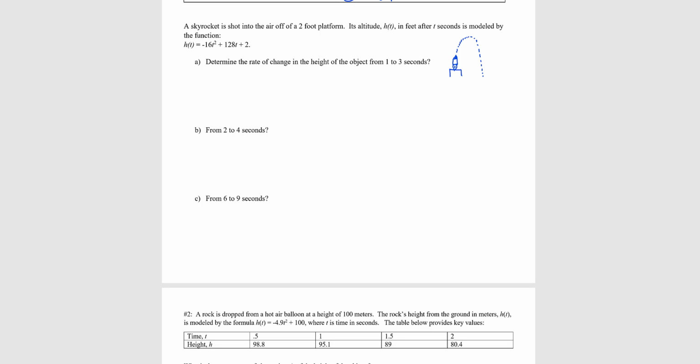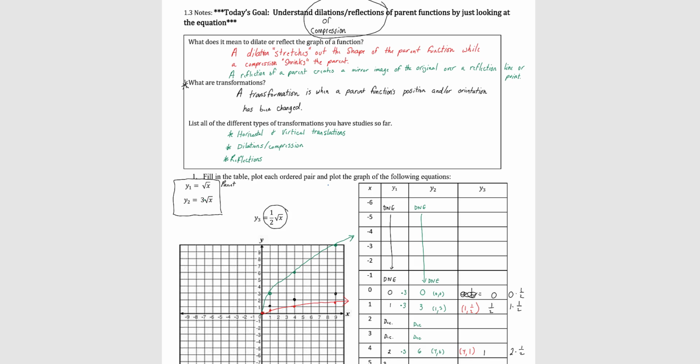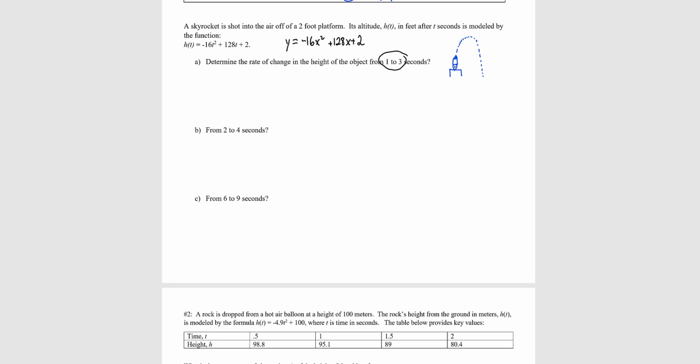So the first question says determine the rate of change in the height of the object from 1 to 3 seconds. So normally we're used to equations given in terms of x and y. But this one uses h and t. So x is often referred to as the independent variable, and that's what we've got here, the time from 1 to 3 seconds.